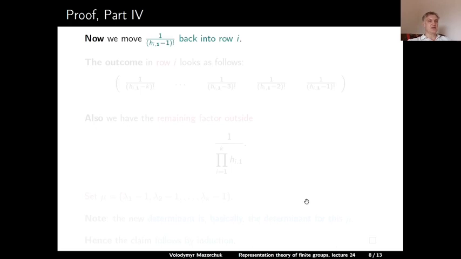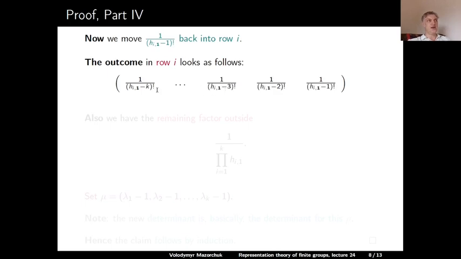Our next action is to move back almost all that we moved out. We moved out 1 divided by h_i1 factorial. Now we move back into row i 1 divided by (h_i1 minus 1) factorial. When we do that, in row i we will have, reading from right to left, 1 divided by (h_i1 minus 1) factorial, 1 divided by (h_i1 minus 2) factorial, and so on.